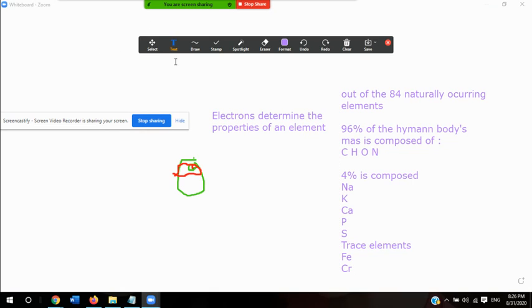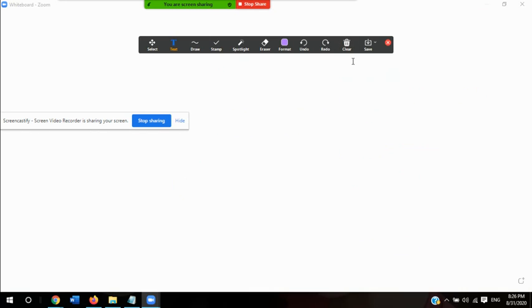Okay, so let's continue on. I'm going to clear all my drawings here, and we are going to talk about compounds. How is a compound defined?